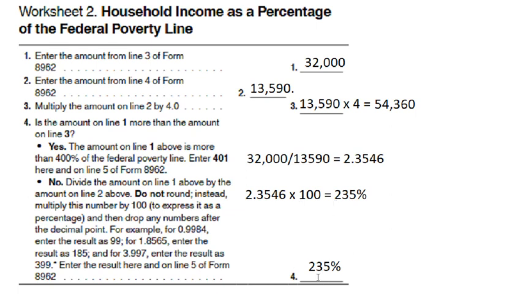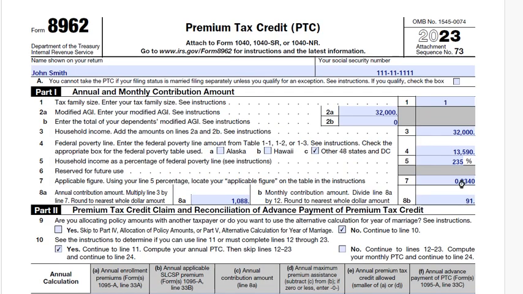And that's what we put here in line 4. Now take this 235%, go to Form 8962, and enter it on line 5. So line 5, we have 235%.